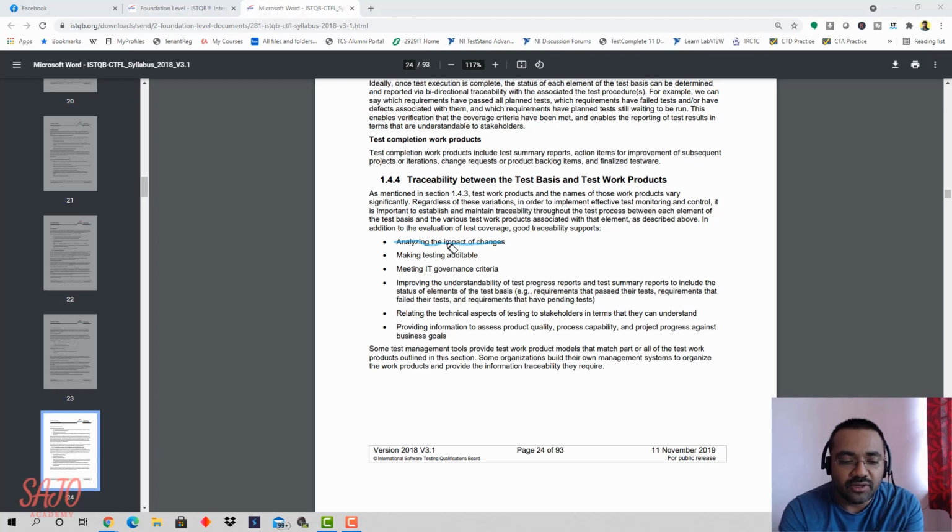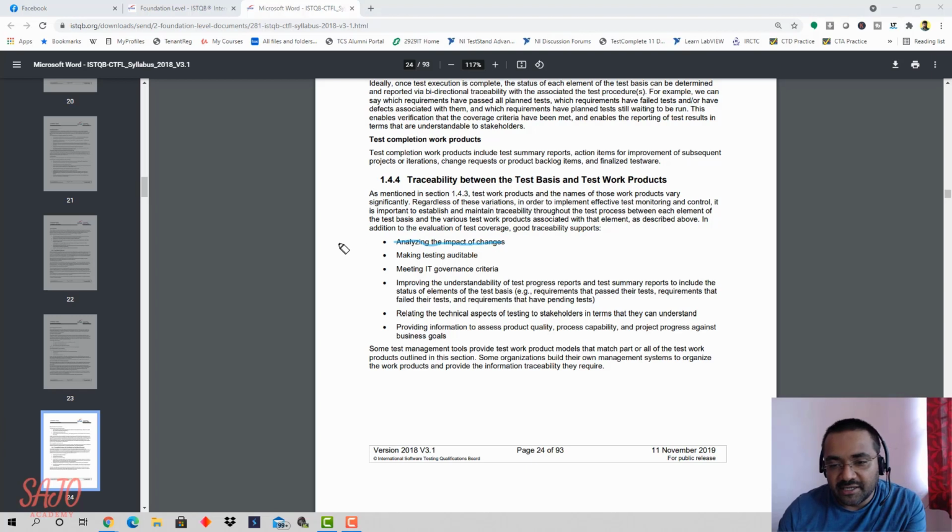If you have traceability between the requirements and the test cases, it is easy to analyze the impact because you know that these are the two requirements which are changed and the test cases linked to those are affected or impacted. And that you should relook into.